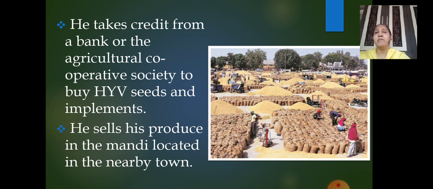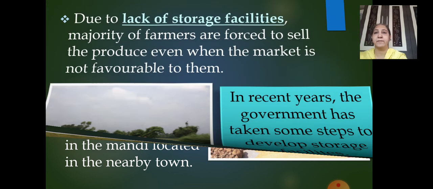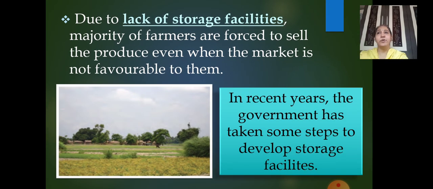But the majority of the farmers, see, they don't have storage facilities. So due to the lack of storage facilities, the majority of the farmers are forced to sell the produce even when the market is not favorable to them. They can't wait until the market prices are high.